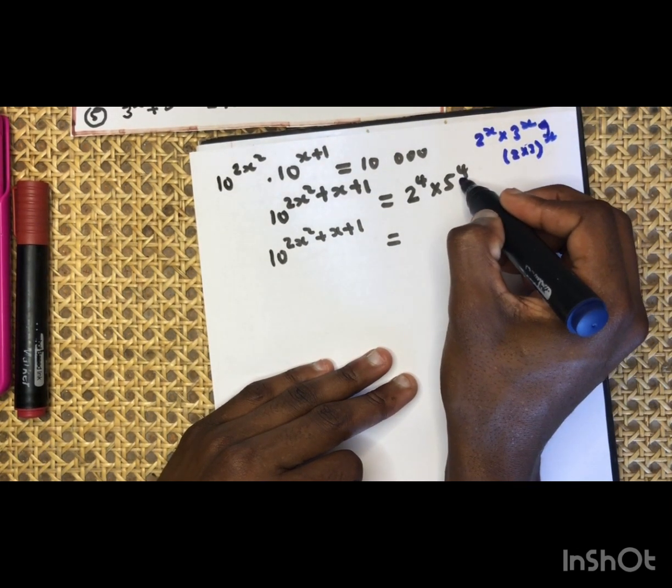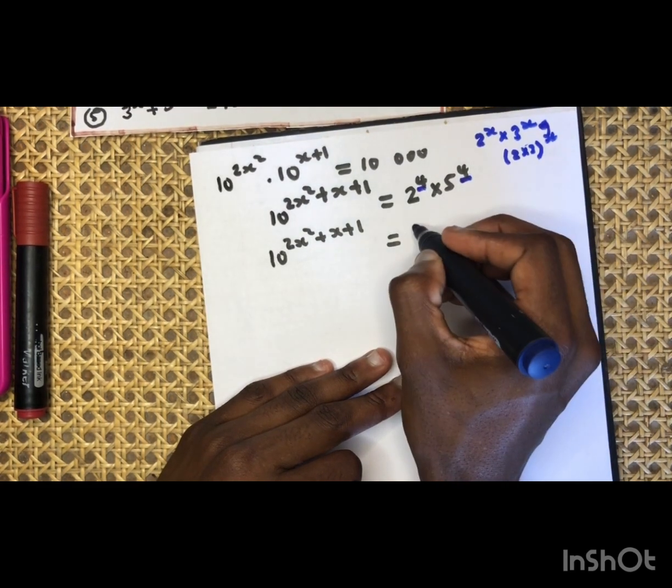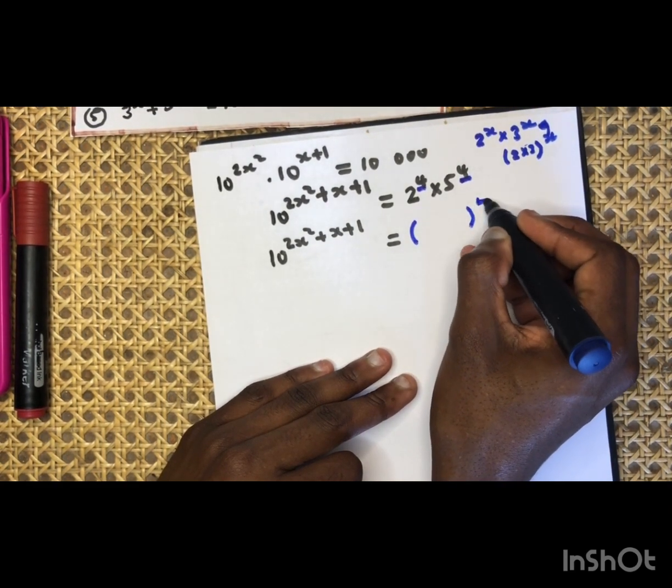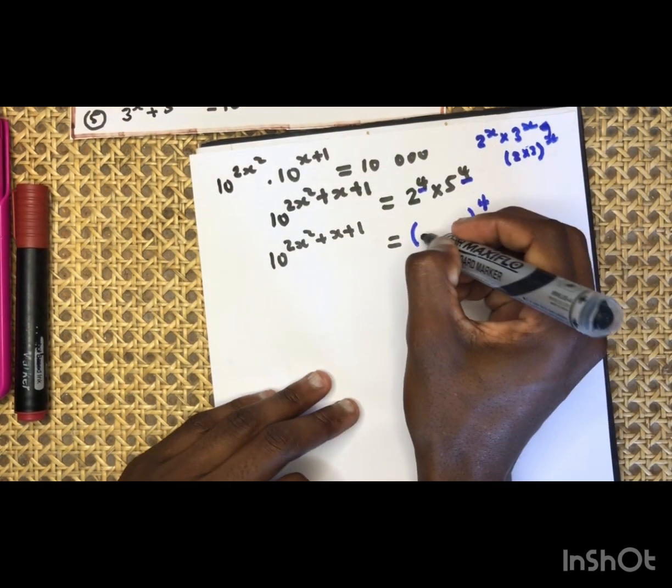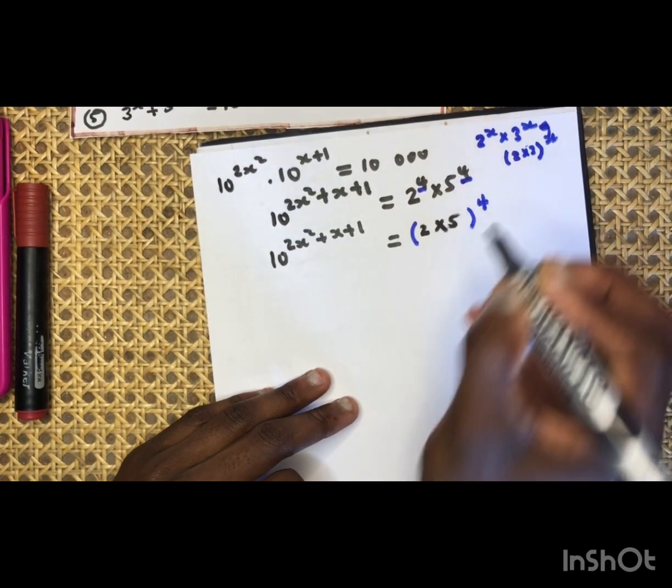Now, you notice that we have 4 here and we have 4 here. So if I open the brackets and put 4 outside, applying law number 3, now I will have 2 times 5 inside.